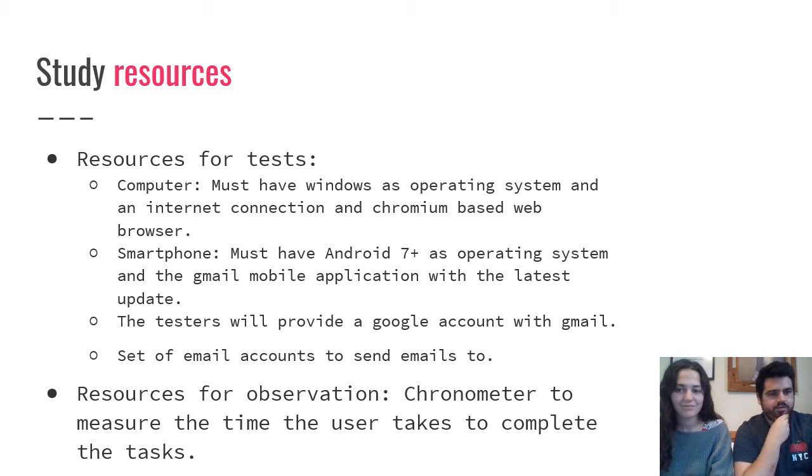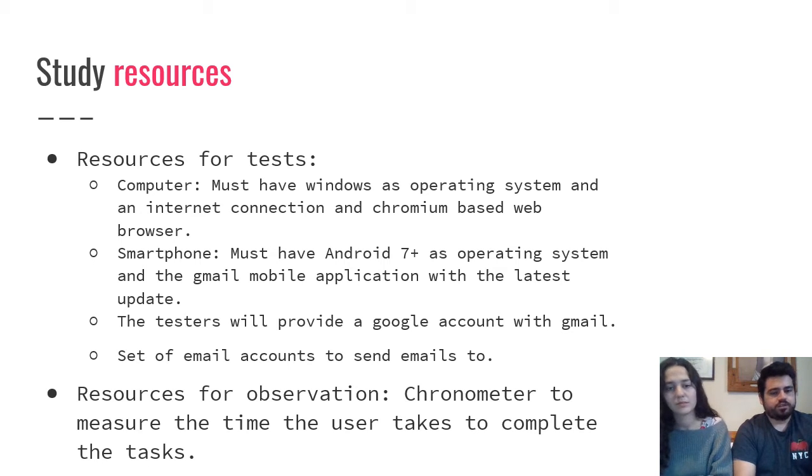Talking a little bit about the study resources, the resources we're going to need for making the test are a computer. The computer must have Windows as operating system and an internet connection to a Chromium-based web browser. We also are going to need a smartphone that must have Android 7 Plus as operating system and the Gmail mobile application with the latest update.